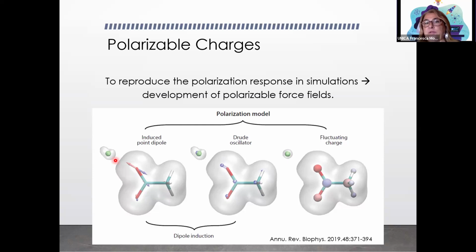And in most of the simulations of DNA that you find in literature, this is not taken into account because the most used force fields are based on fixed charge. However, there is an active area in force field development to reproduce the polarization also with a classical calculation, developing polarizable force fields.